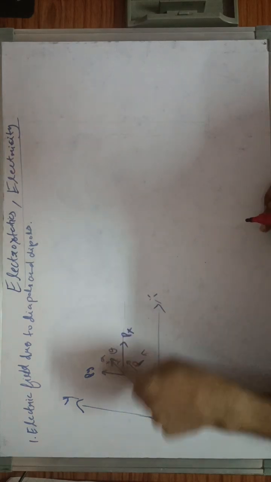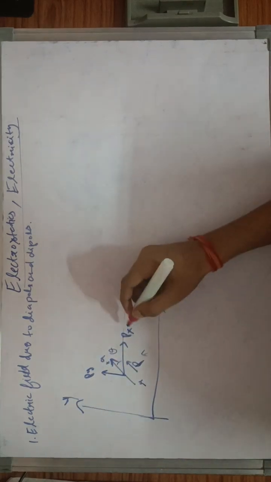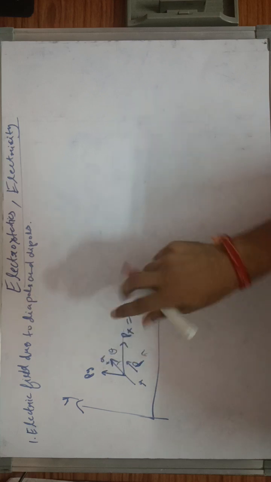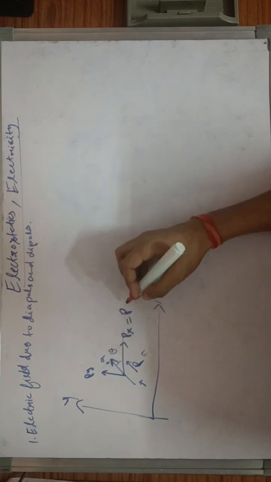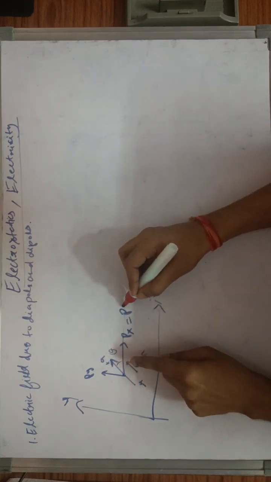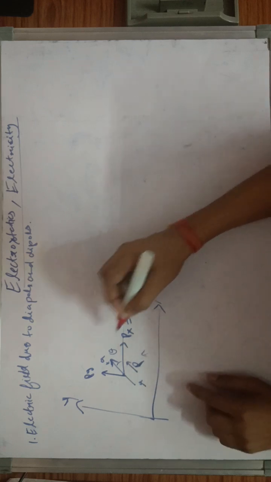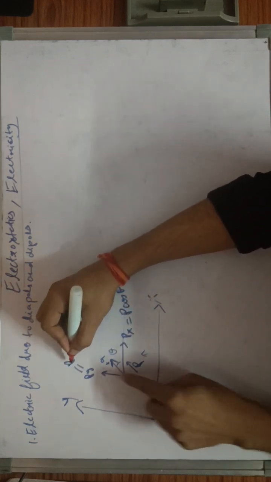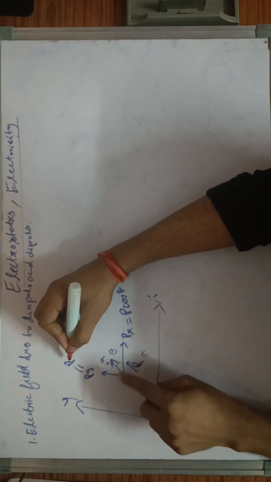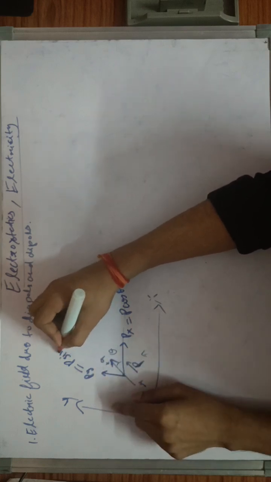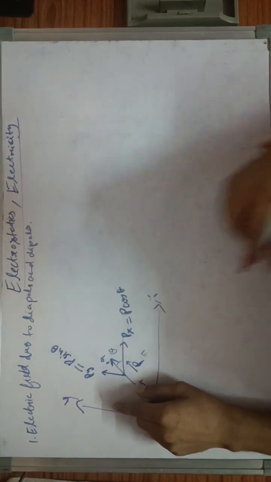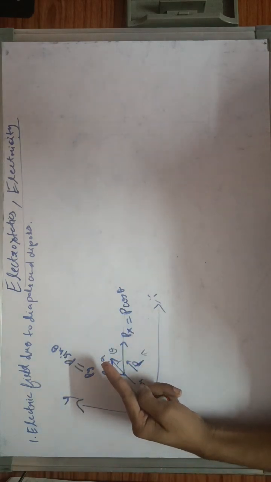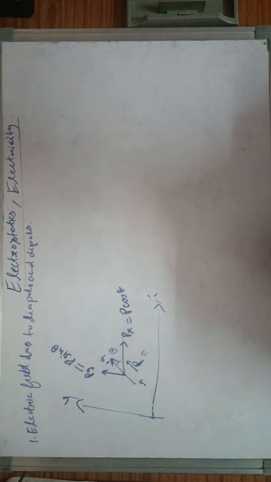I can break it into two components, py and px, where px is equal to the component of this vector along this, which is p cos theta, and the component along the other direction is p cos of 90 minus theta, which is p sin theta.